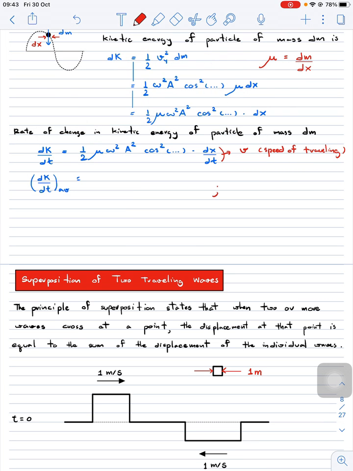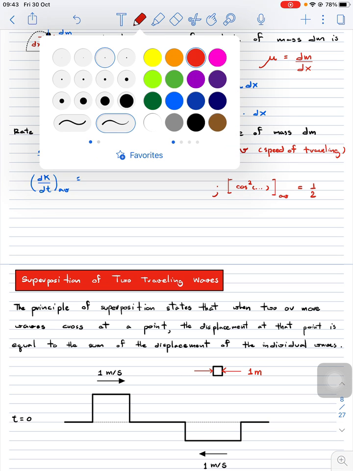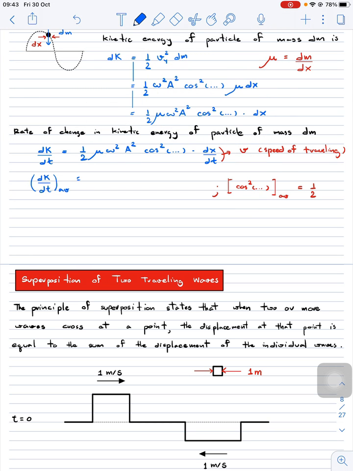We can get that the average of the cosine square equals 1/2. So then here we get 1/4 times the mu, times the omega square times the a square, and then times the v here.